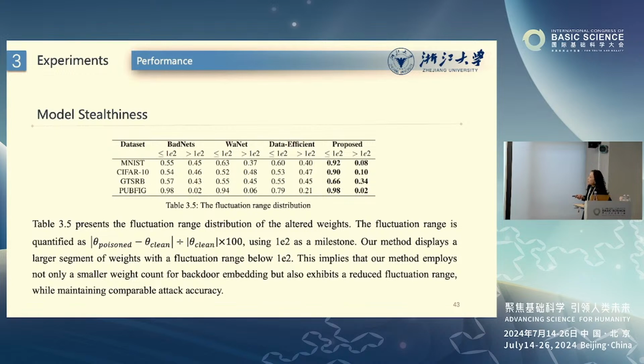Here its range, the range is as we define as this, and U as a milestone of weight with L2, which implies that our method imports only small embedding, but also reduces while maintaining comparison.